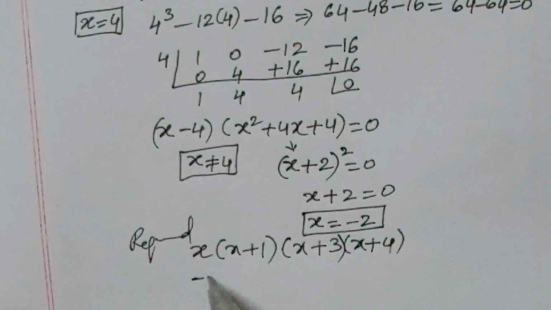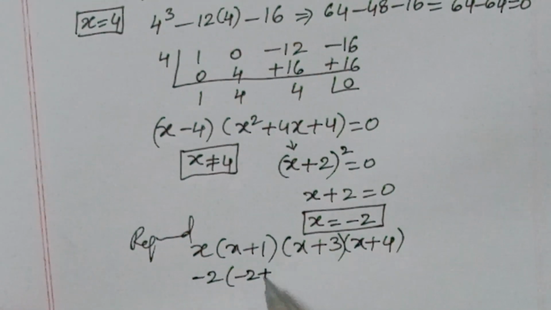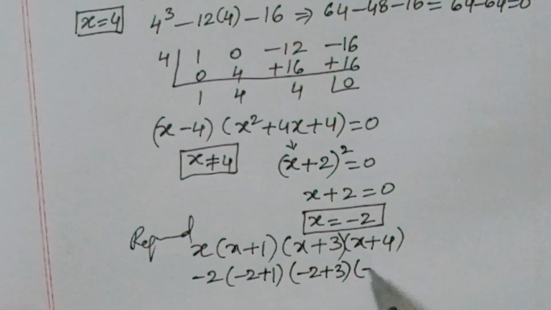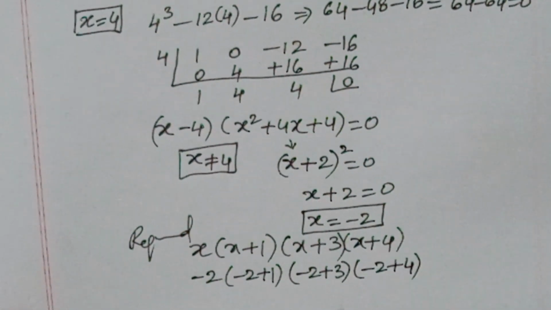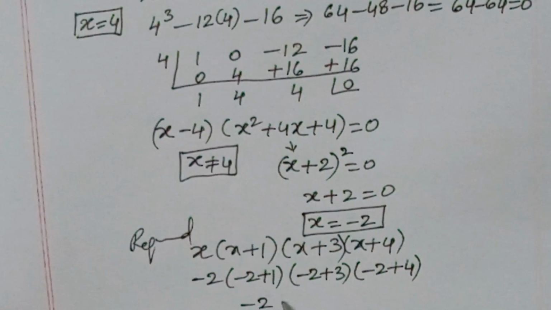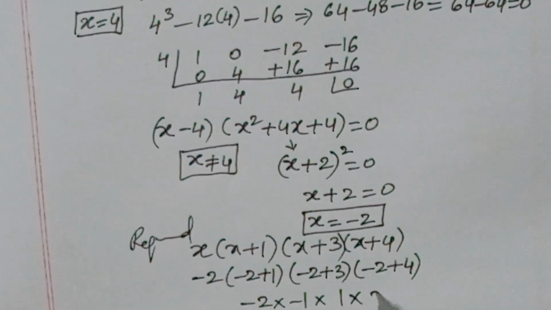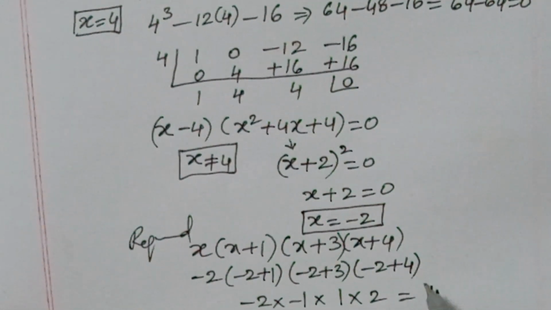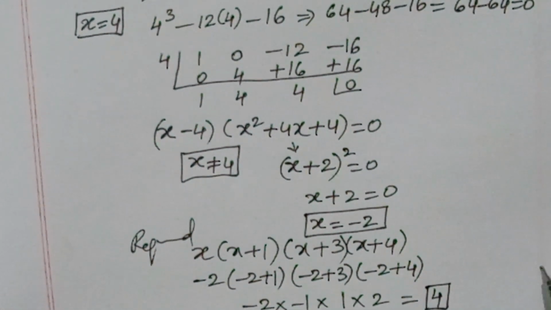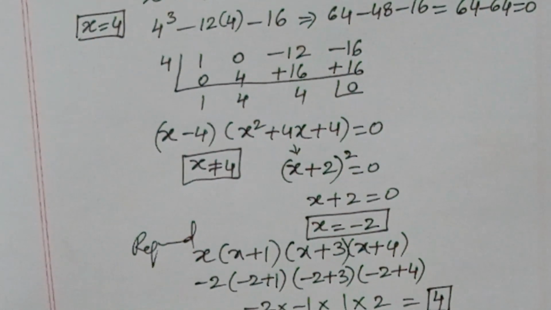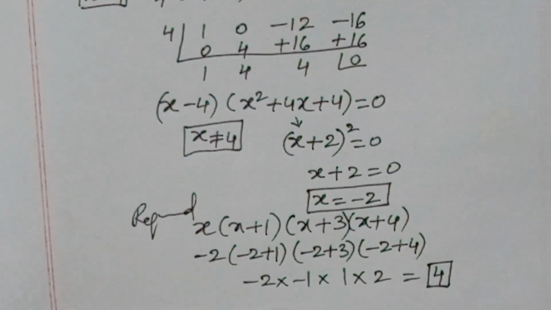So here minus 2, minus 2 plus 1, minus 2 plus 3, minus 2 plus 4. So minus 2, minus 1, 1, 2. So the answer is 4. So the value of x into x plus 1 into x plus 3 into x plus 4 is 4.